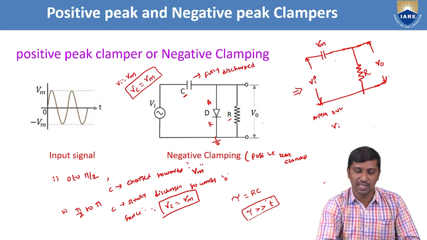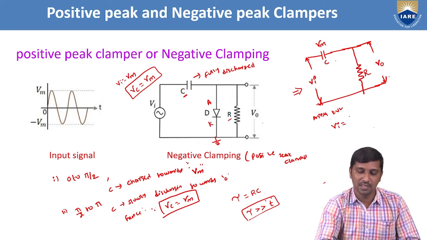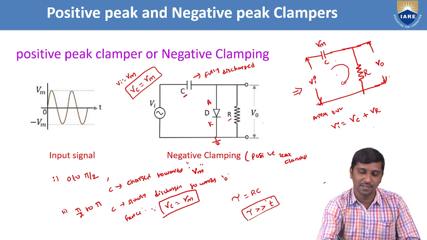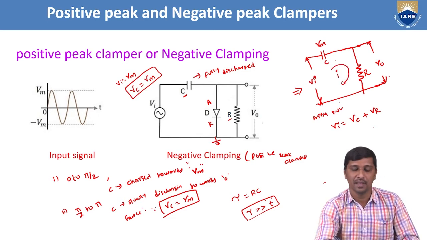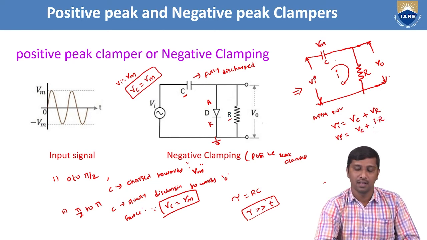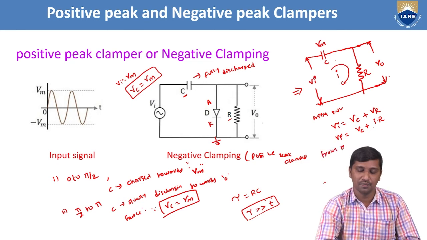So what happens here? Vi is equal to the voltage across the capacitor plus the voltage across this resistor. Since the diode is forward biased, it offers a current, represented as I. Now I am rewriting this equation: Vi is equal to the voltage across the capacitor, Vc, plus VR, which means I into R. Now from the circuit, I am going to find the output voltage.